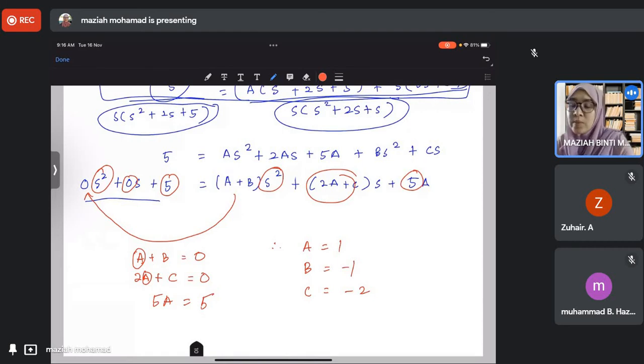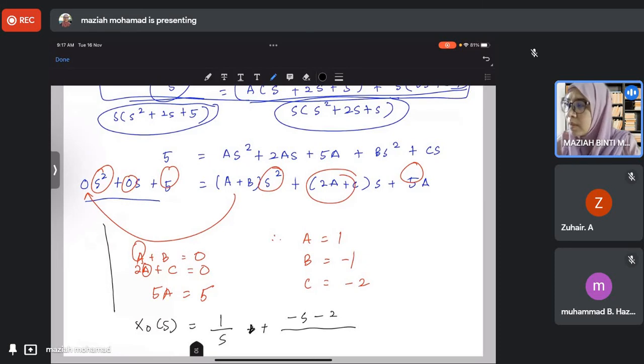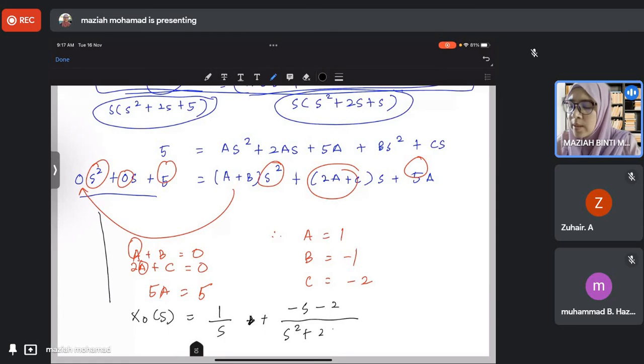So the equation will become X naught S equal to 1 over S plus BS plus C, which is minus S minus 2, divided by S square plus 2S plus 5.